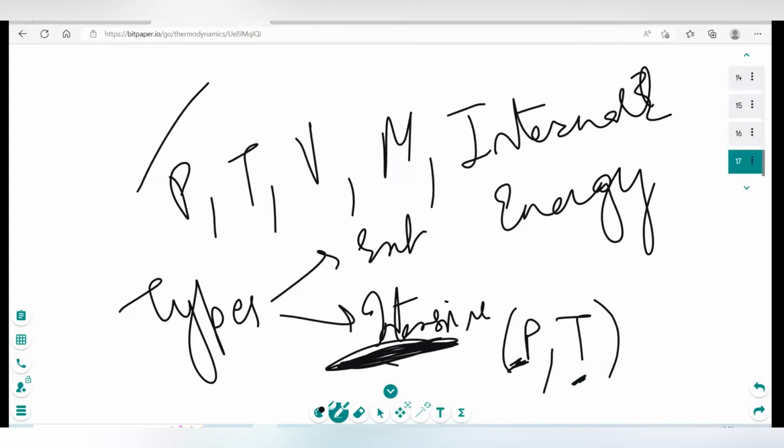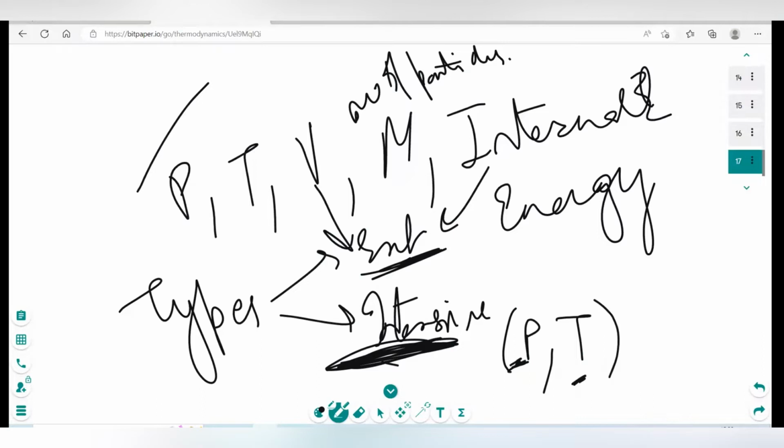No. So that's why intensive. And the rest are extensive. Mass is the number of particles. It relates to size. That's why extensive. Volume again is extensive. Internal energy is extensive.